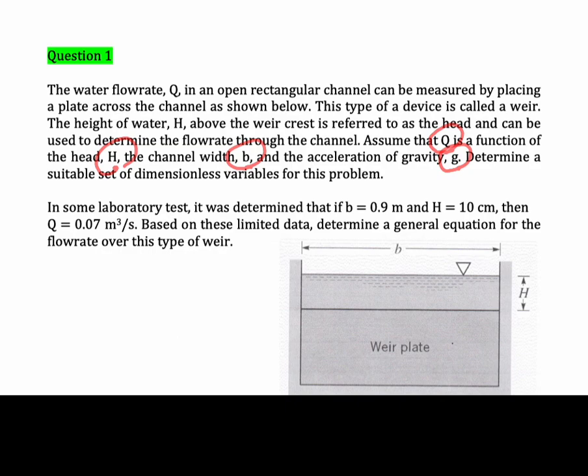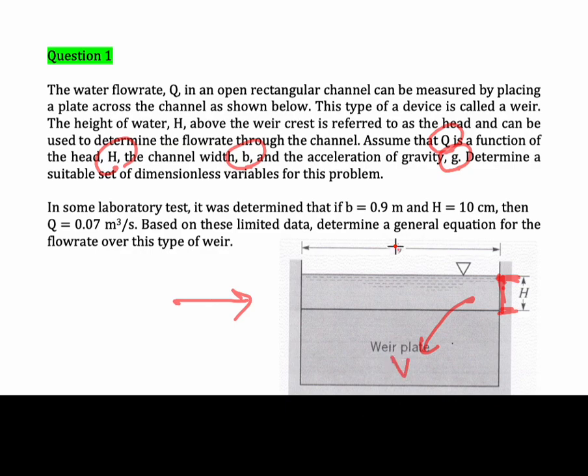So how do we determine whether H or B is the most influential parameter? You need to see from the situation. You cannot just remember or just choose the parameter. For example, in this situation, we found that if the H is different, it will give a different value of velocity.